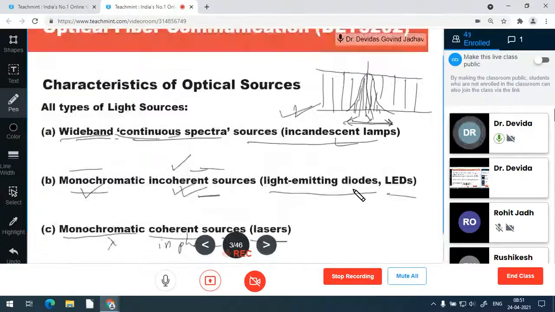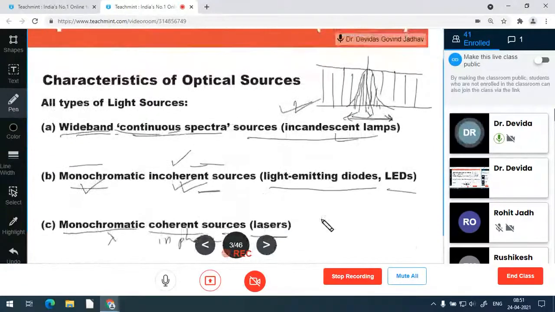Okay, and these are the optical source characteristics. Again, LEDs are of two types. One is for optical fiber communication, and the other is for indicator panels. That we'll see afterwards, the small difference in construction and manufacturing.